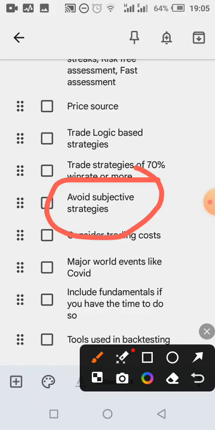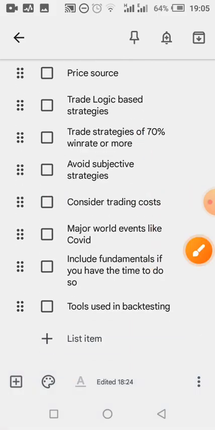So trading such strategies will have a problem because when you are backtesting and recording your trades, you are going to miss out on some trades that other people would consider as trades you should have recorded.